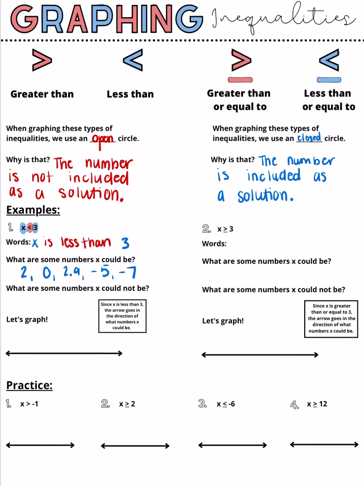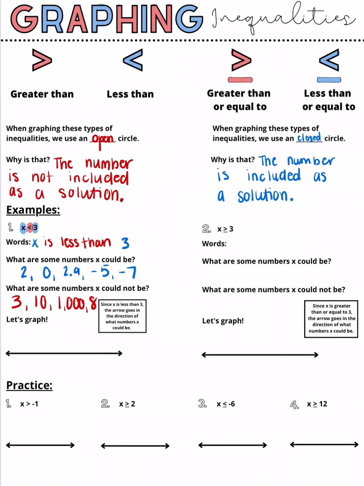What are some numbers x could not be? It could not be 3, because 3 is not included in the solution. If it's less than 3, it can't be 3. It can't be 10 or 1,000 or 8, because all of those are greater than 3. So they cannot be that.